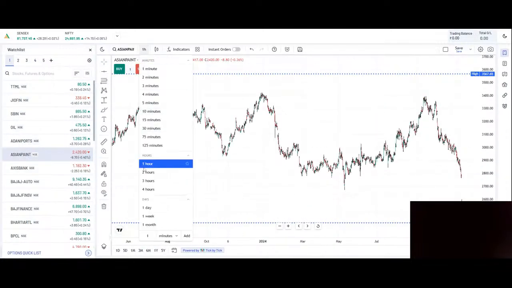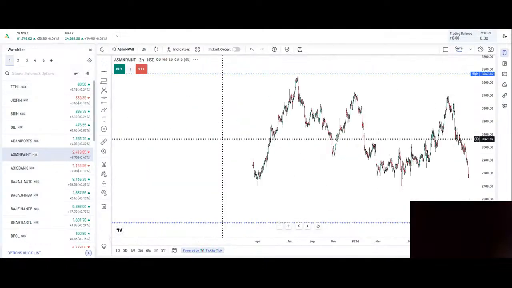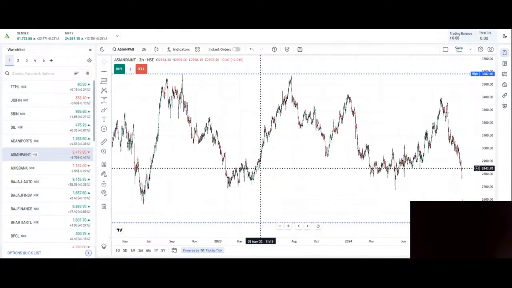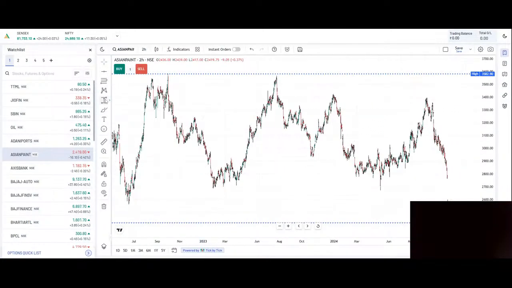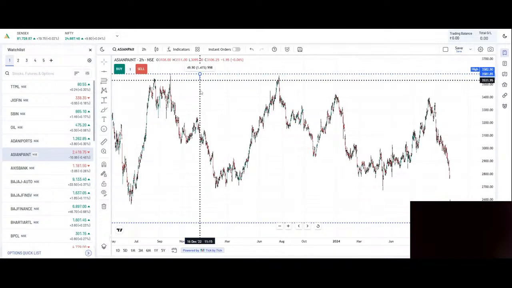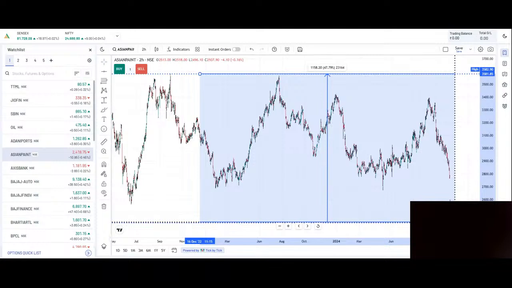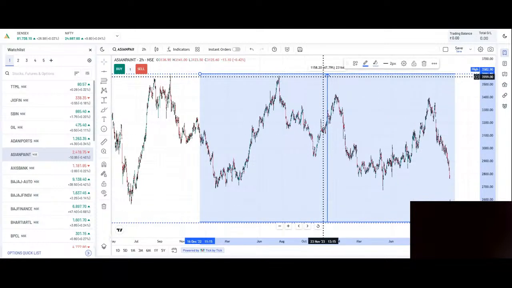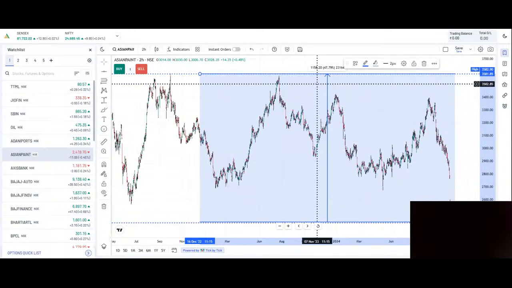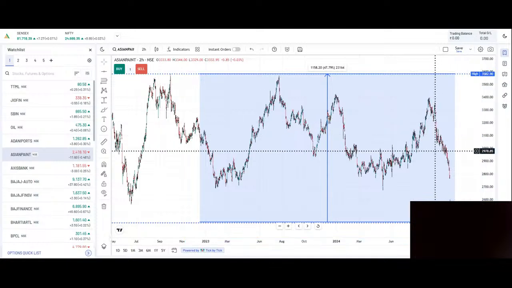See, you will now be able to see the Asian Paints chart. As I was saying, this is how cheap Asian Paints is. It is almost available at a 50% discount. It was at 3581, currently at 2417.